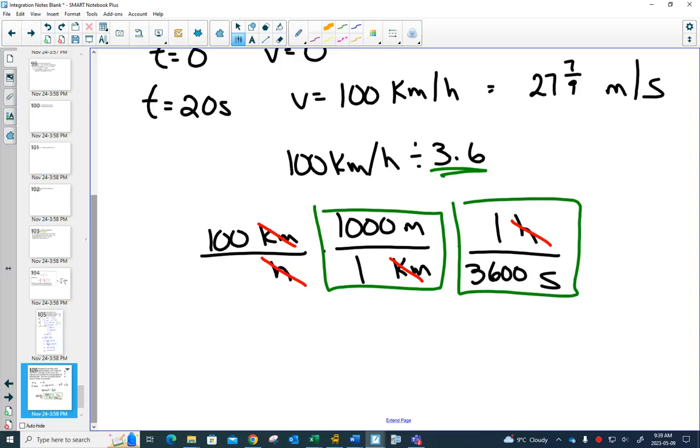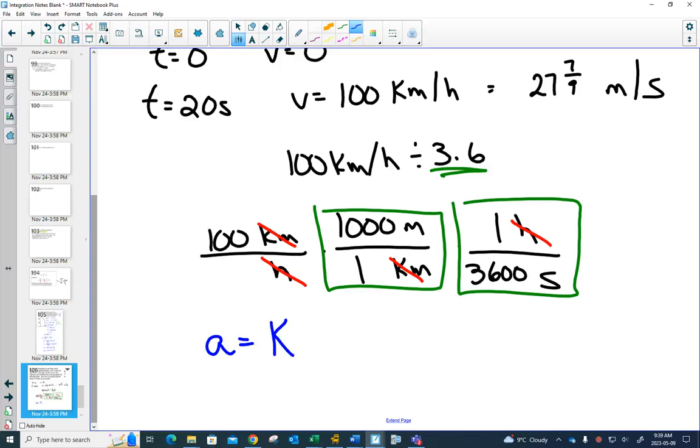Okay, that still doesn't solve our problem. We just established our units. What is somewhat hard in this question is that there's an acceleration, and it's constant, because it's accelerating steadily from 0 up to 100 kilometers per hour. So we need to make it some variable.